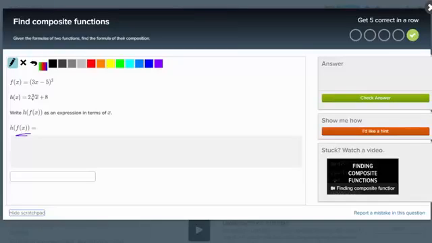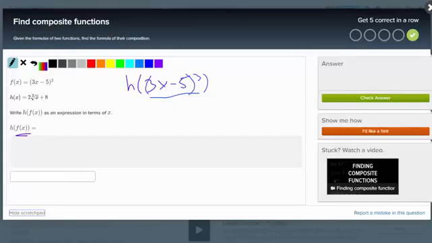So I need to find h of (3x minus 5) cubed. So what that means is put (3x minus 5) cubed in for every x over here for h of x.